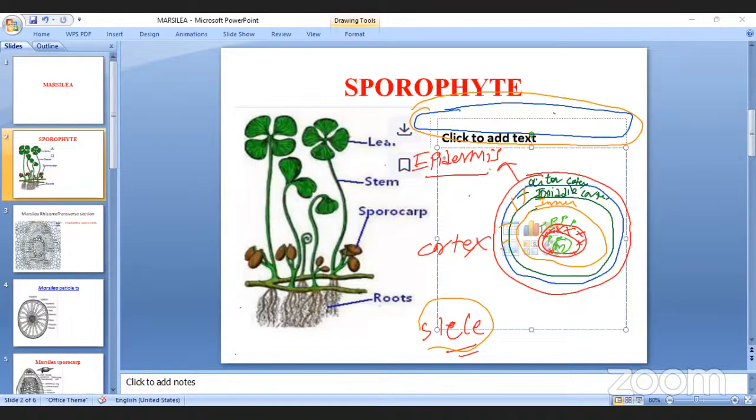You can see the diagram also here. What I draw here, let's change color, clear red.